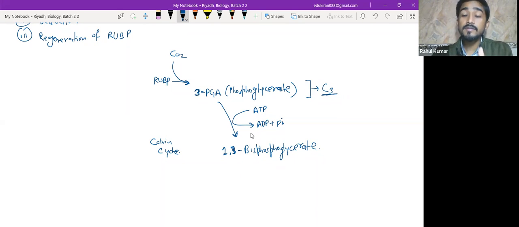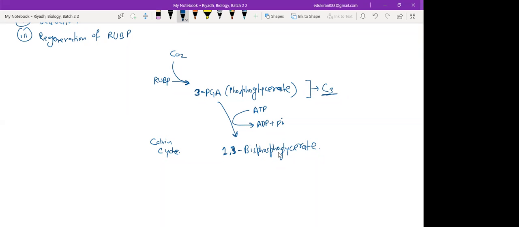And this is the rule of thumb, remember this: whenever you use energy in any cyclic biosynthetic pathway, whether you are making glucose or anything in the body, if you commit energy to it, it is non-reversible. It cannot go backwards. Do you understand? Yes, sir.